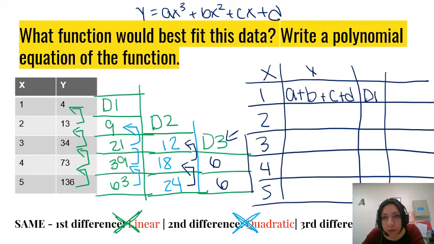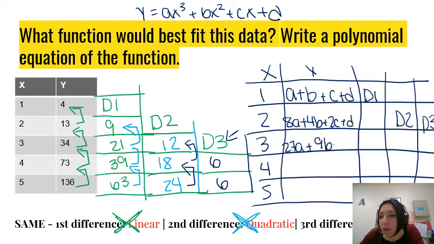Okay, difference 1, difference 2, difference 3. That's how you set up the chart. You're going to do the same thing for 2. When I plug in 2 inside there, I get 8a plus 4b plus 2c plus d. When I plug in 3 inside this equation for my x value, I get 27a plus 9b plus 3c plus d.